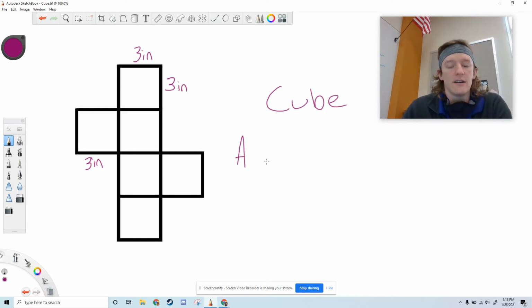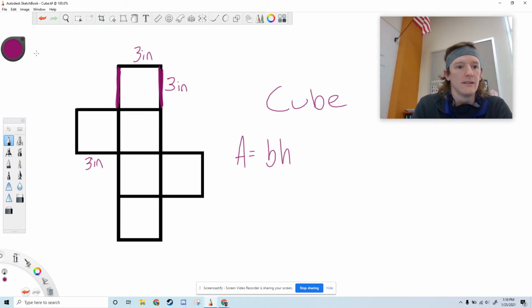The area of any parallelogram is just base times height. These are parallelograms because the top is parallel with the bottom. So area is base times height, and in this case, it's just 3 times 3.